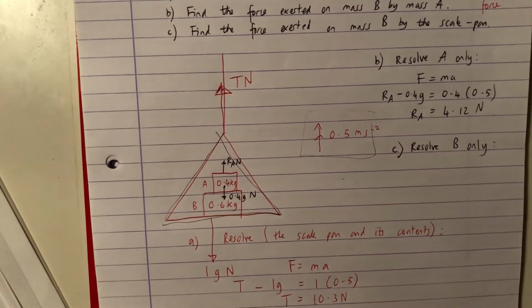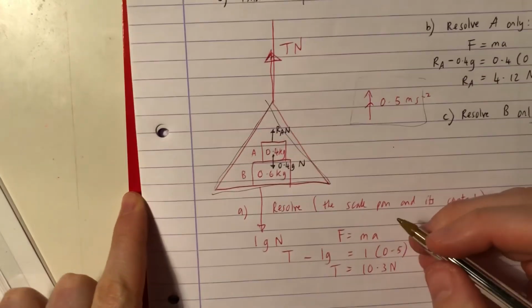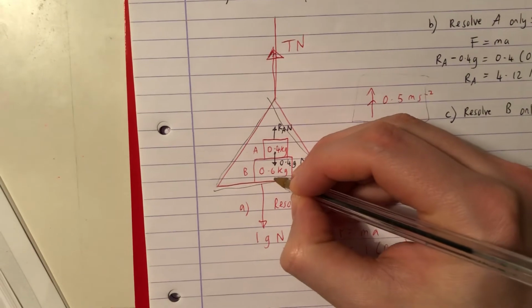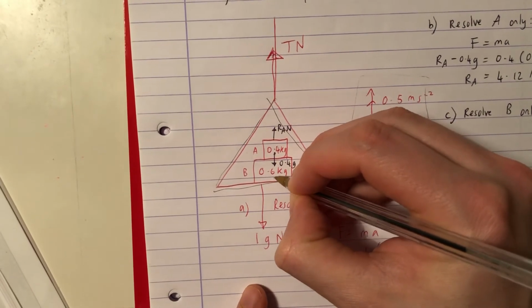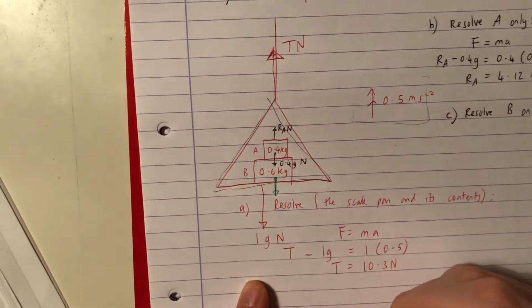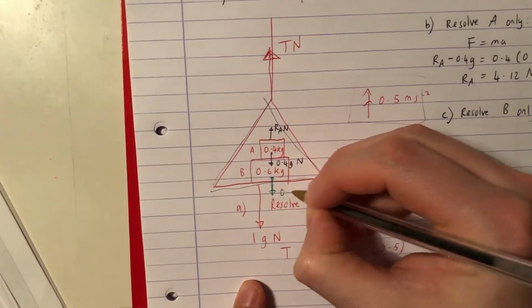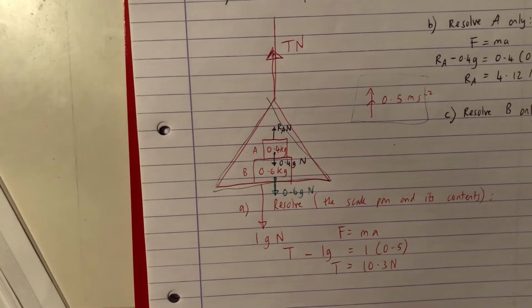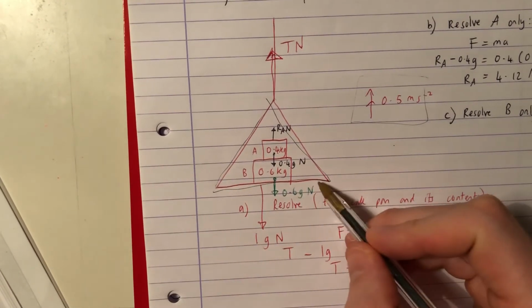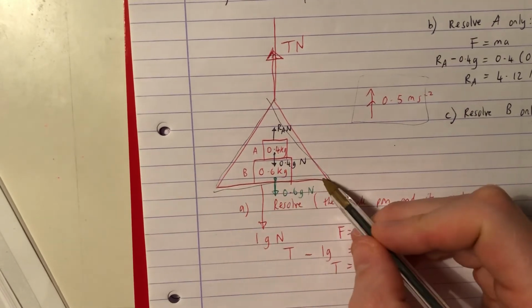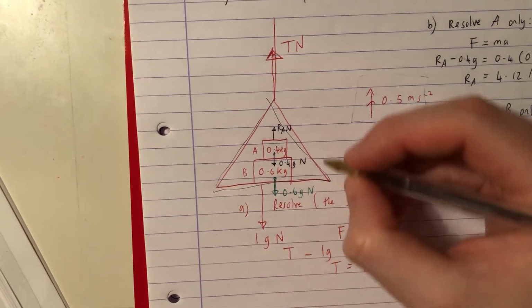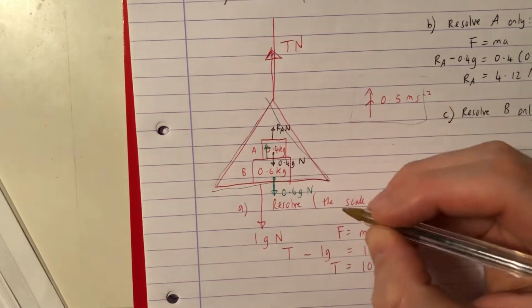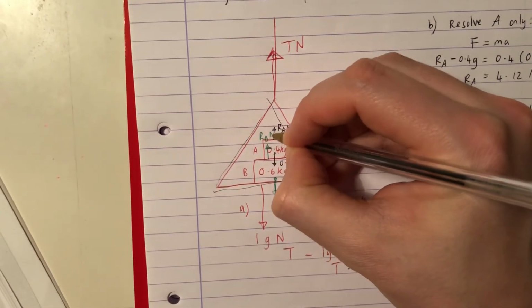Forces acting on object B. Now, object B has a weight, 0.6g newtons. Object B is in contact with a surface, so there's going to be a reaction force. Call that RB. That's the thing we want to work out.